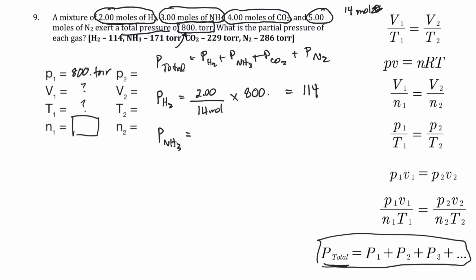Pressure due to ammonia will be 3 moles over 14 moles times 800. That one comes out to 171 torr. And just do that for each one of them. And then it might be interesting, once you get all the other numbers up, add them together and make sure you come up with 800.